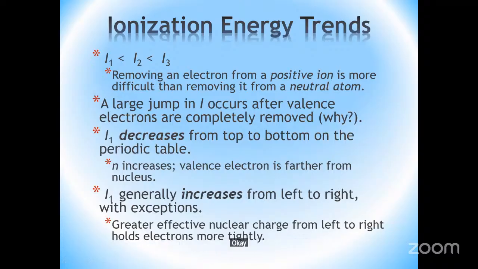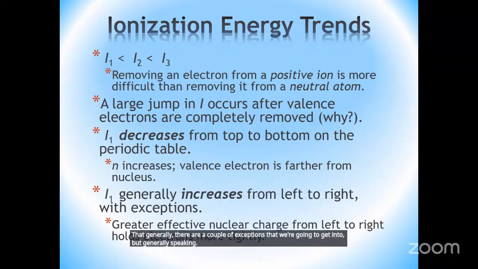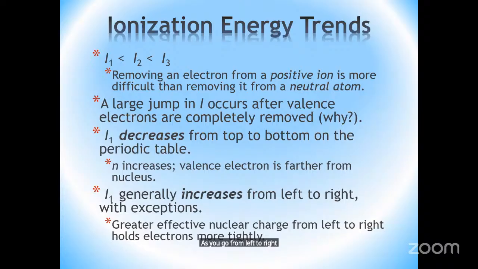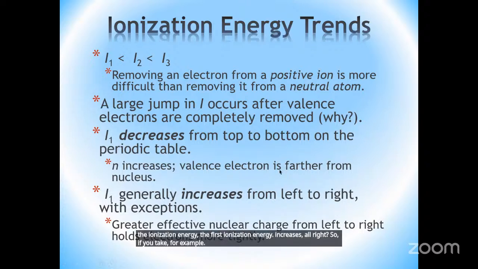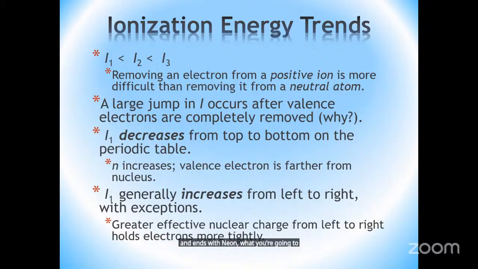Okay, so what you'll find, if you look at the data, is that generally, there are a couple of exceptions, which we're going to get into, but generally speaking, as you go from left to right of any period, the first ionization energy increases, all right? So if you take, for example, period 2, which starts with lithium and ends with neon, what you're going to find is that as you go from lithium to beryllium, the ionization energy increases.